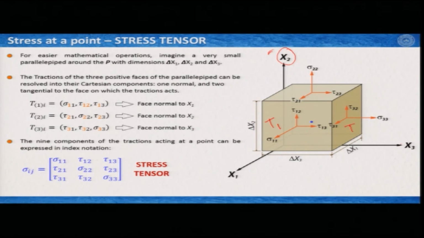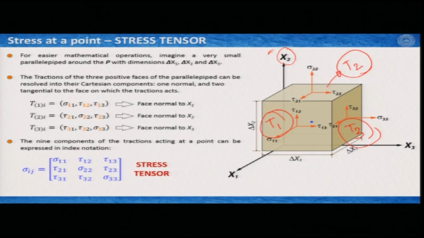The traction on the plane perpendicular to x3 is T3, and this one is T2. For each of these T1, T2 and T3, we have three components to define the stress on the plane.